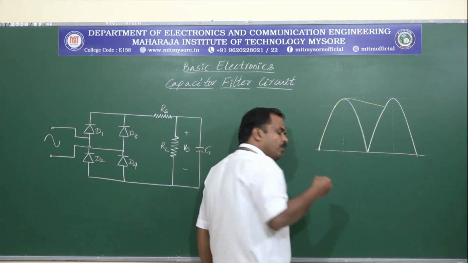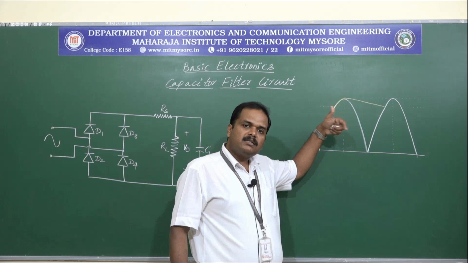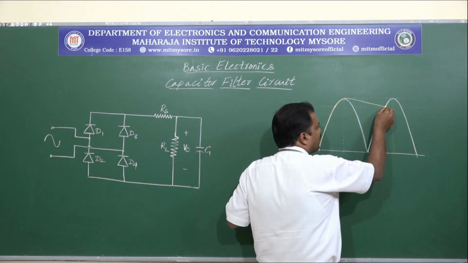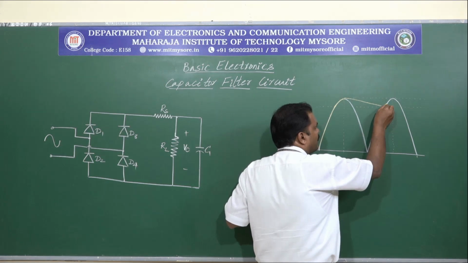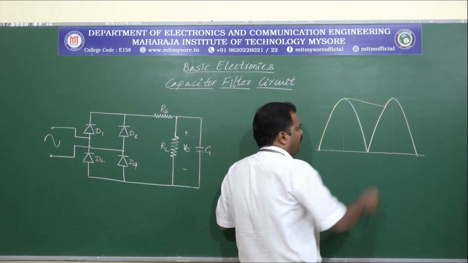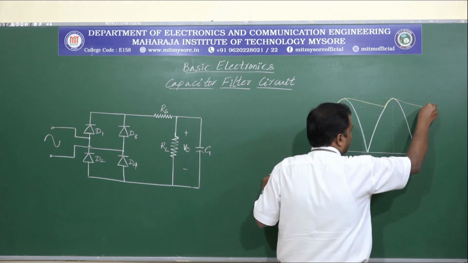Then once again when a pulsating signal comes in, the capacitor starts charging again. It starts from this particular point and reaches its peak, then again starts discharging like this.